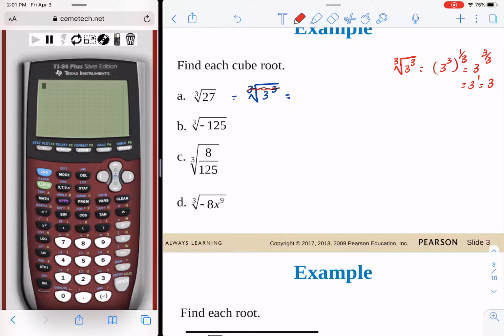And keep in mind, the fourth root and the fourth power will just go away in a radical expression. Fifth root and the fifth power would go away, and so on. So the answer here is 3. When we take the cube root, though, the answer is not plus or minus 3. That only applies to a square root.